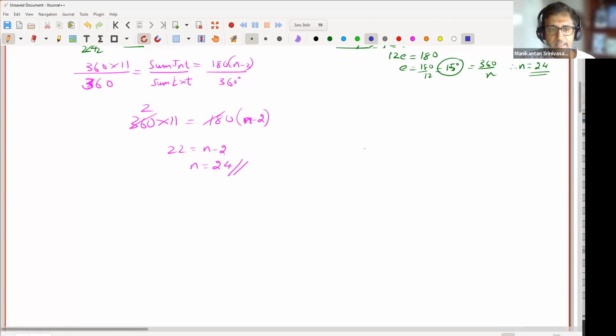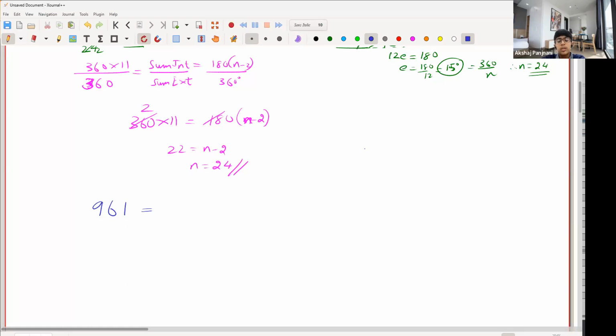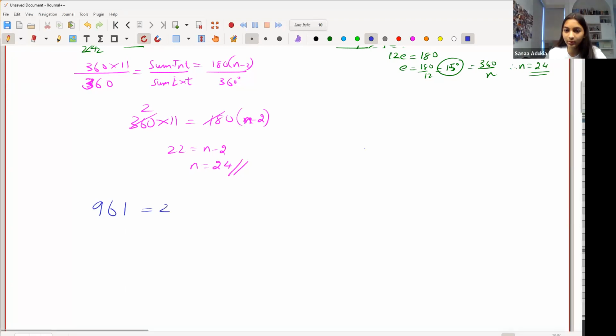So let's see. 961. Akshaj, what does 961 mean to you? It will be 29 square. 29 square. Do you agree, Sana? Yeah.